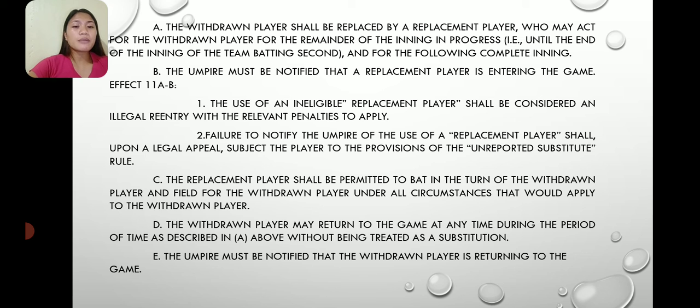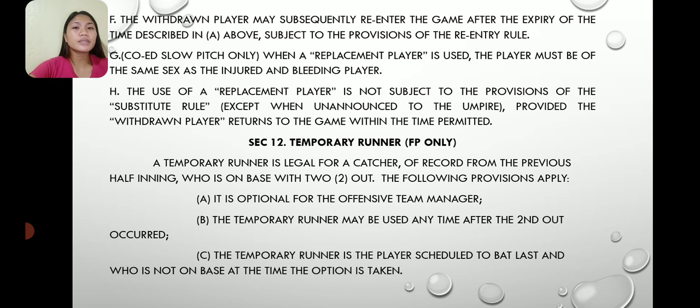The umpire must be notified that the withdrawn player is returning to the game. If the withdrawn player subsequently re-enters the game after the expiry of the time described above, it is subject to the provision of the re-entry rules.